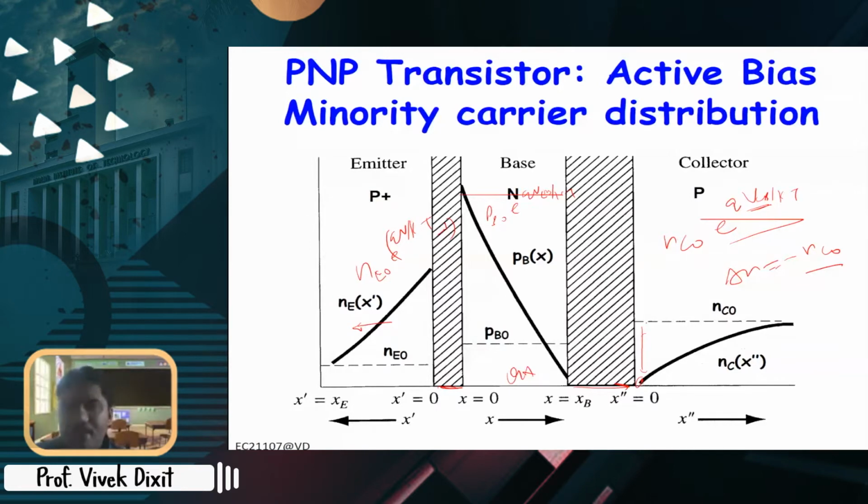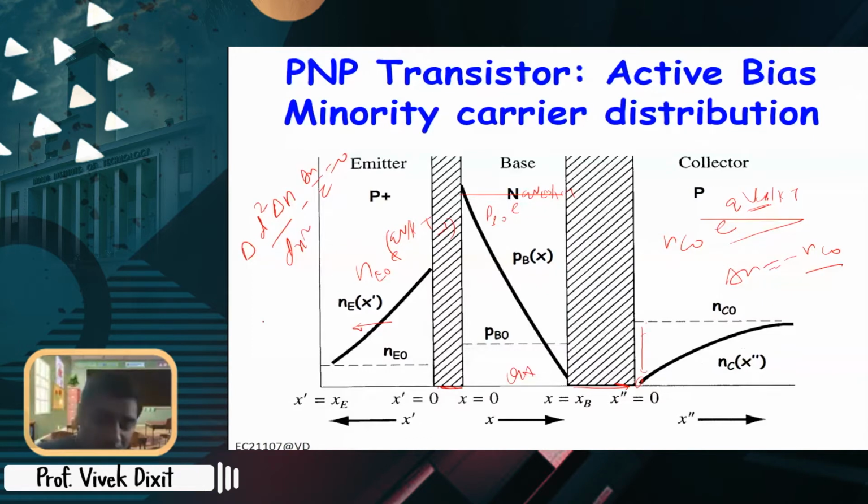So in that case, you can write the minority carrier diffusion equation as d2 delta n by dx square minus delta n by tau equal to 0 in the emitter. You can write something similar with p in the base, and with electrons in the collector.